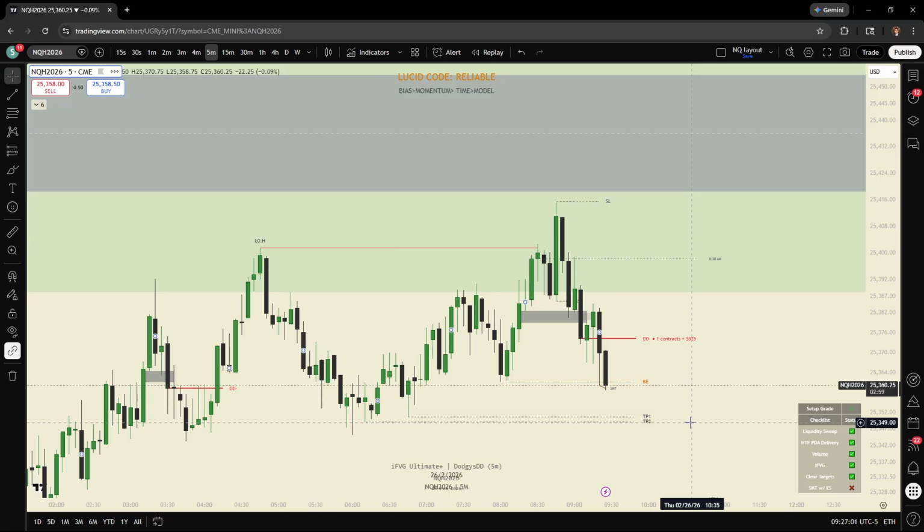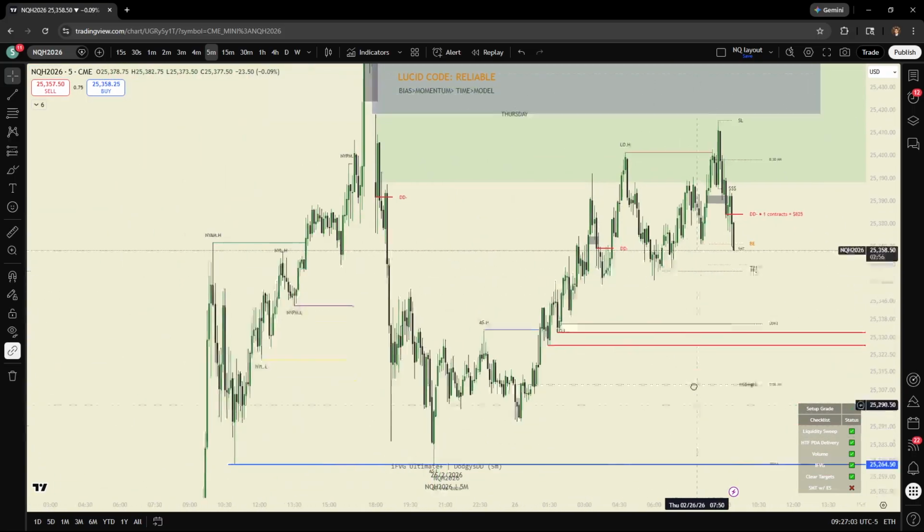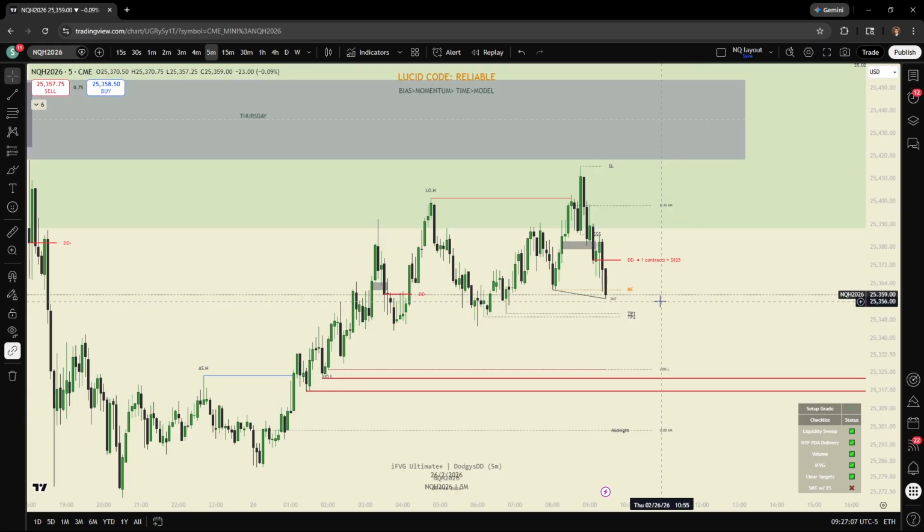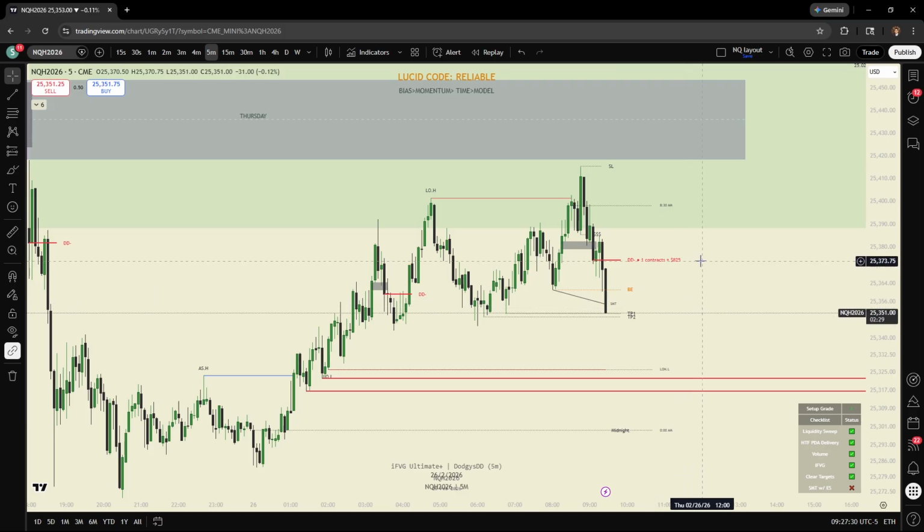Getting ahead, do we dump at the open? Hopefully. I'd like to see Asia Low and the 4 hour get tapped. That would be nice. We're good if we fill the 1 hour FVG and get an inversion in lower time frame to the buy side.